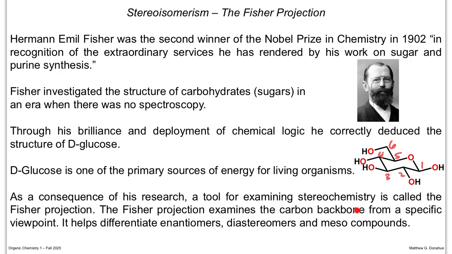It's the same molecule. We're just going to rotate things, flip it around, and look at it differently. That's useful because when you're given structures, it helps you determine: are they enantiomers, diastereomers, meso compounds, or identical or different? What's the relationship?